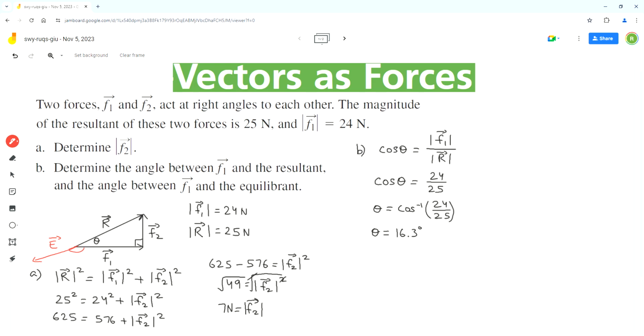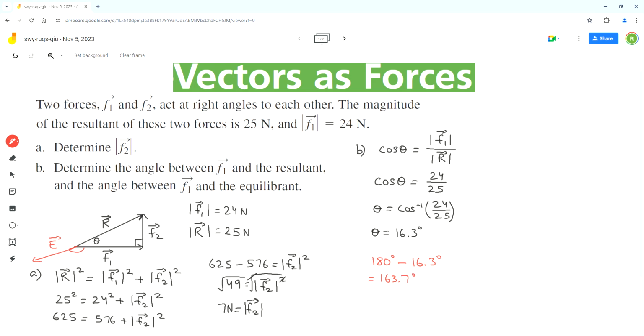Now since the vector E and R lie along the same line, this red angle and angle theta are supplementary angles because together they make a straight line angle of 180 degrees. So for the angle between F1 and equilibrant, we have to subtract 16.3 degrees from 180 degrees. Which is equal to 163.7 degrees.